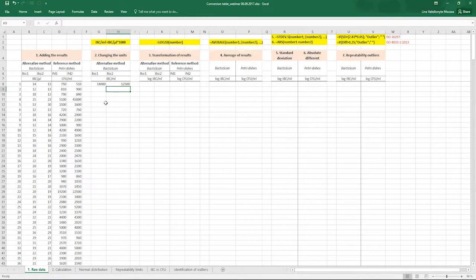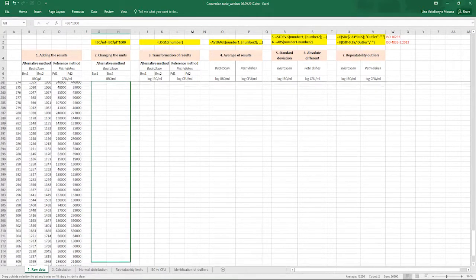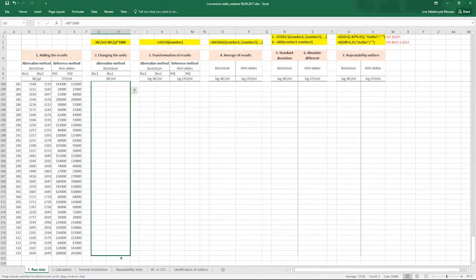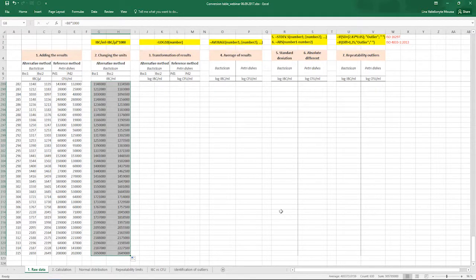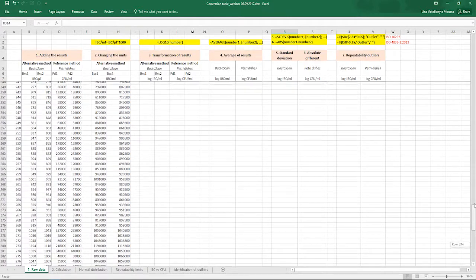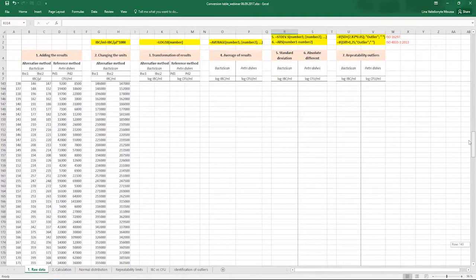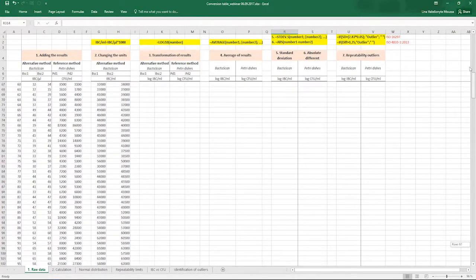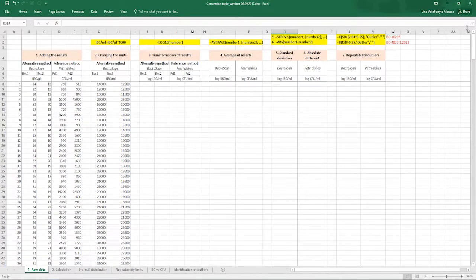To copy this formula for the rest of the data, just mark the two calculated cells and drag it down. Now all data have been recalculated from IBC per microliter to IBC per milliliter.